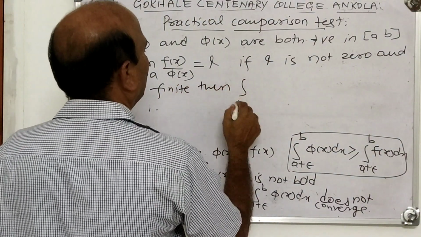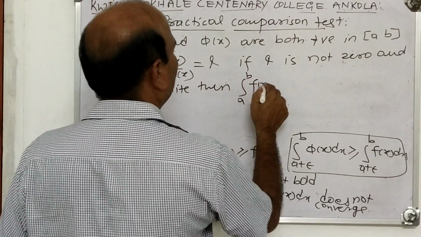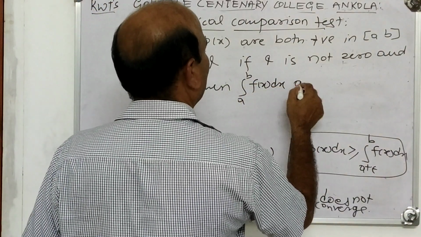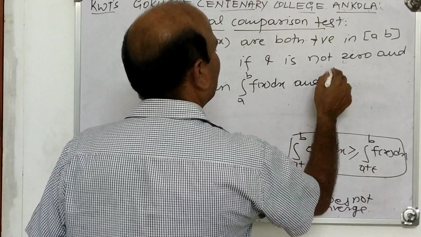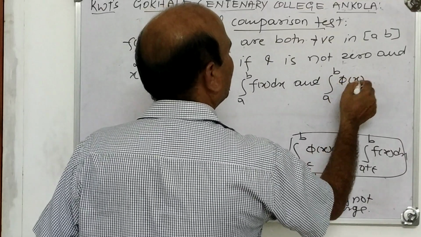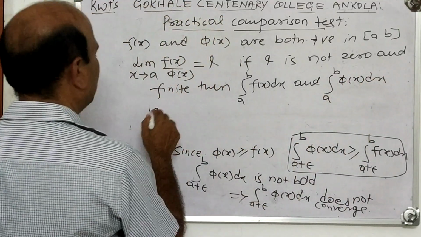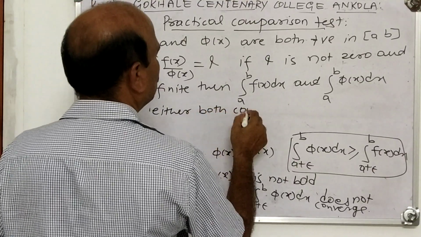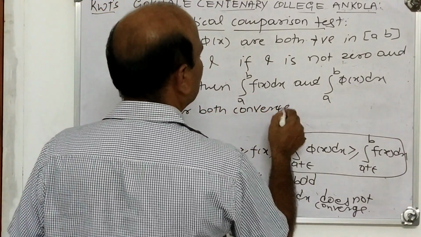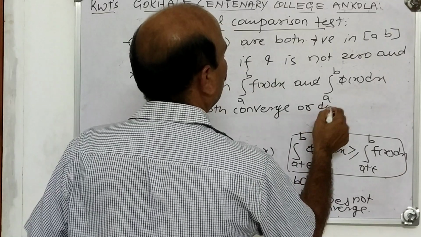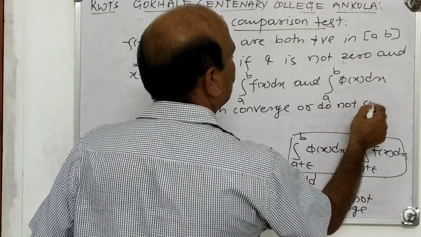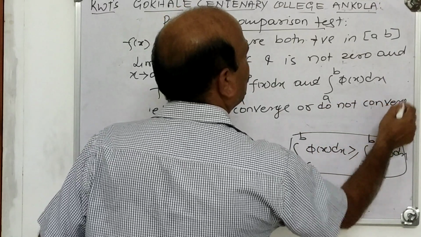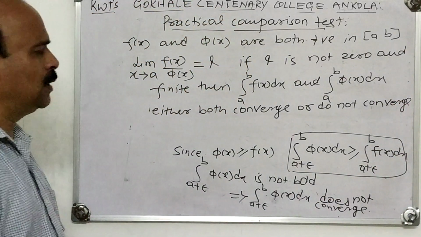then the integral from a to b of f(x) dx and the integral from a to b of φ(x) dx either both converge or both do not converge.